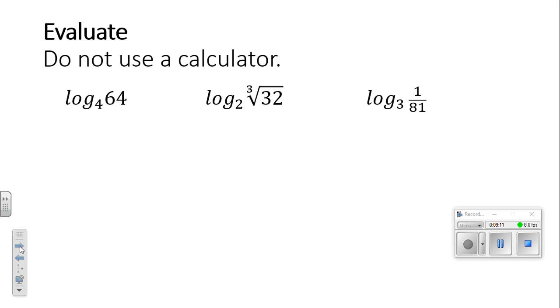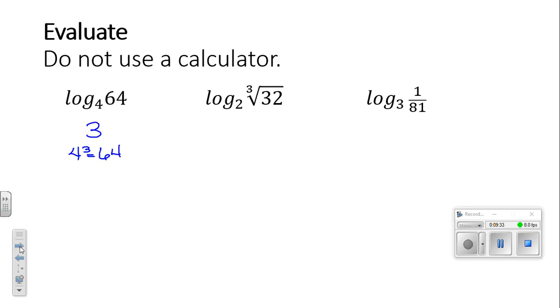Okay, so log base 4 of 64 is going to be what? 3. Why? Perfect. Okay, 4 cubed is 64. 4 times 4 is 16, times 4 is 64.